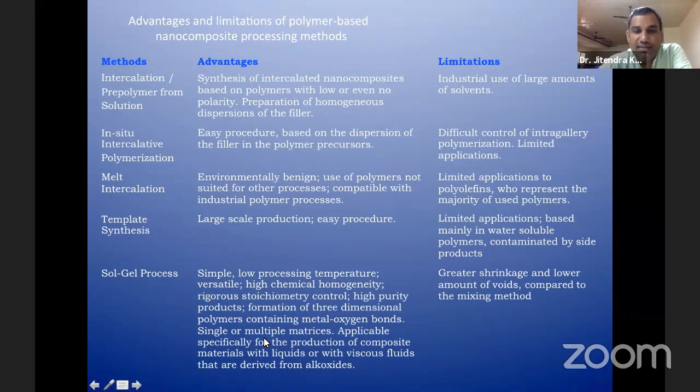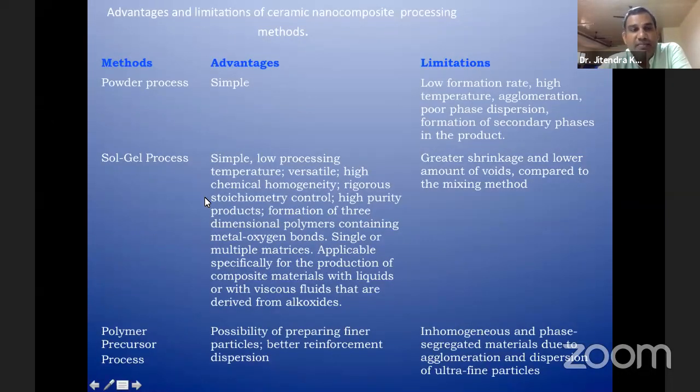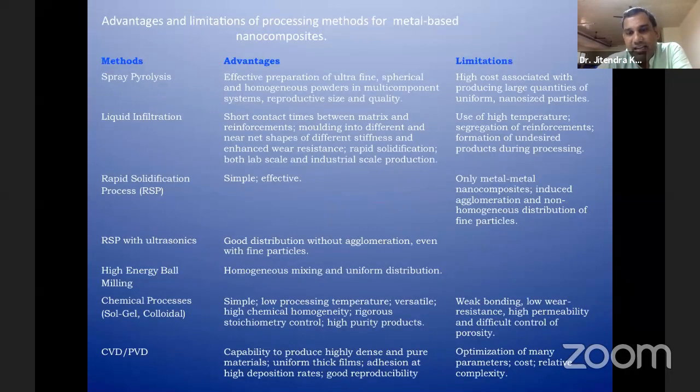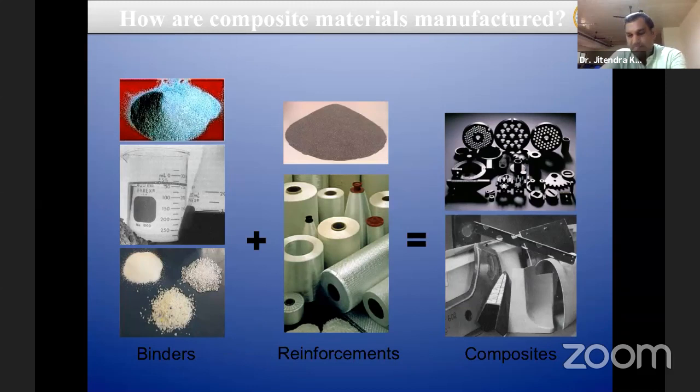By these methods we fabricate the polymer based nanocomposite, by these methods we fabricate the metal based nanocomposite, and by these methods we fabricate the ceramic based nanocomposite. And further advantages and disadvantages are given. I am not going into detail on that.